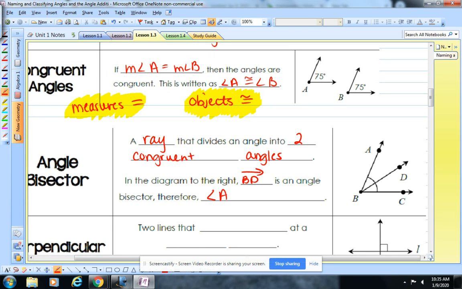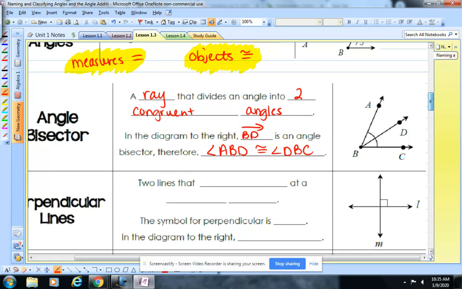Therefore, angle ABD is congruent to angle DBC. And do you see how those little arcs are right here in this picture? That's how you show that angles are congruent. So yesterday we saw that segments are congruent when they have the little tick marks. Angles are congruent when they have the little arcs. So if you see two little arcs, that means those angles are congruent. They're equal measures.